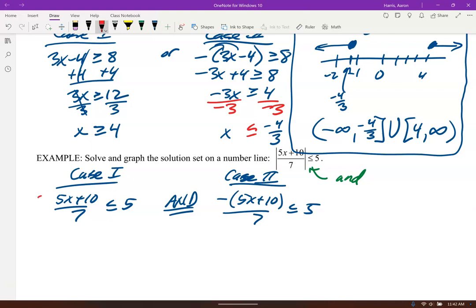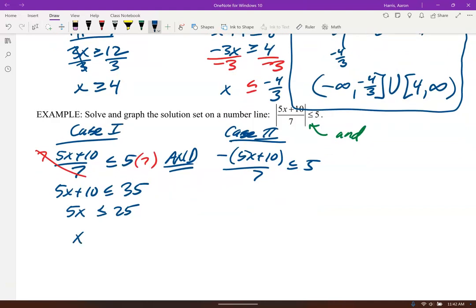So multiply this side by 7, this side by 7. 5x plus 10 is a positive number, so it still says less than or equal to. Let me subtract 10. Let me divide by a positive 5. So I'm less than or equal to 5. Over here, I'm going to get rid of my 7 first as well, multiplying this side by 7, this side by 7.